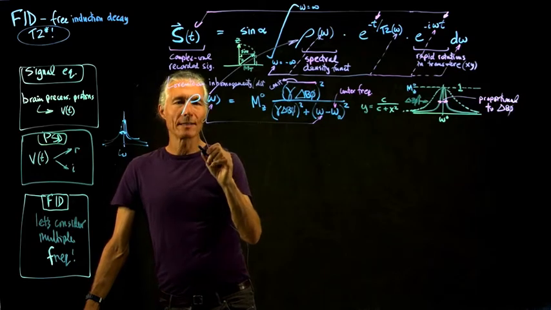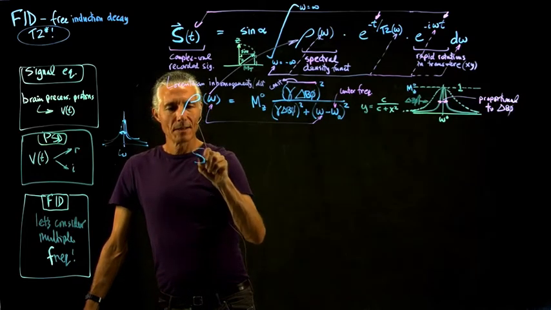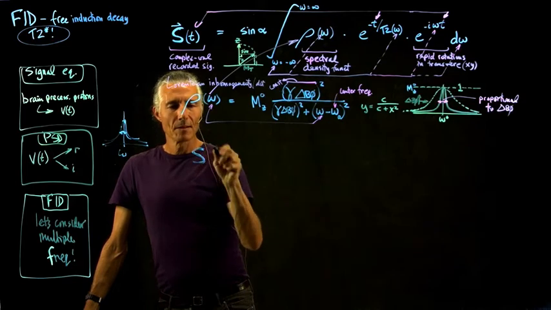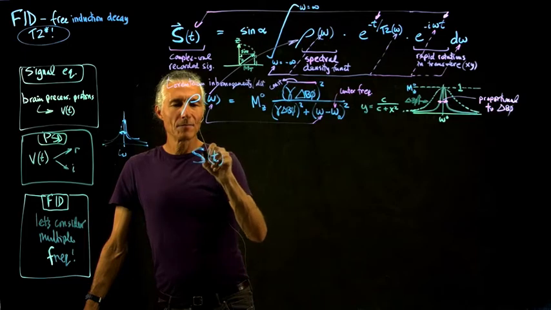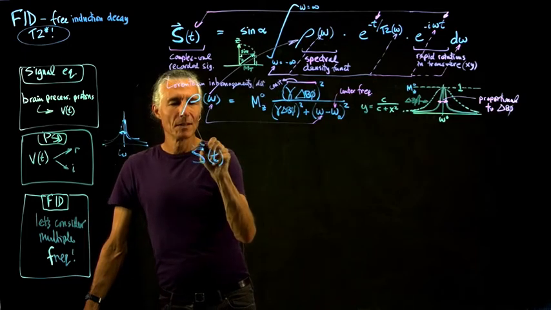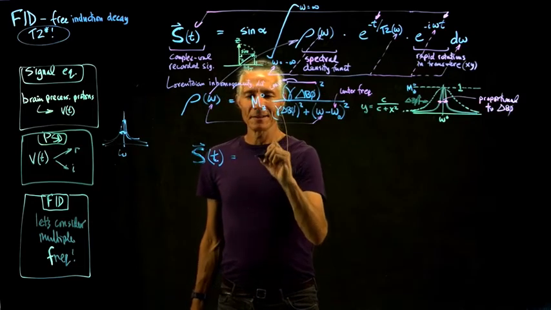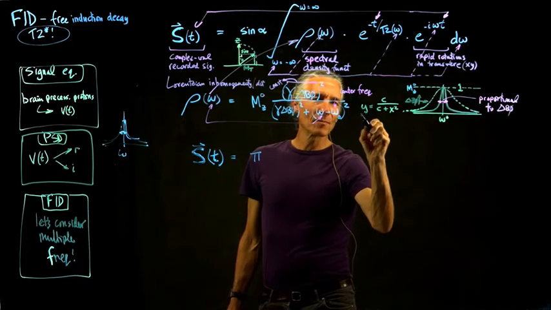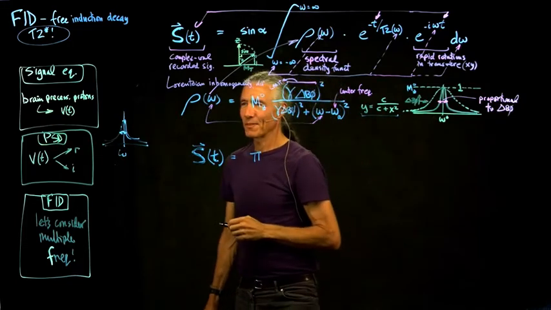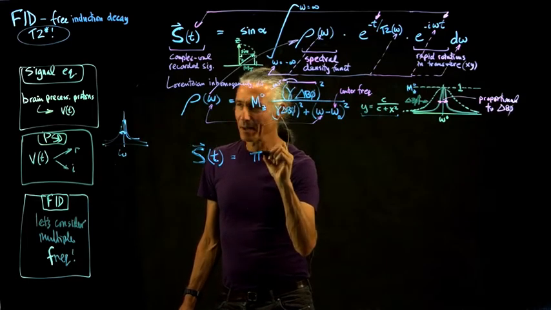I'll draw it twice so that we can consider the effect of T2 star. So here's our signal. So the first thing is pi. So where did pi come from? So pi came from when we integrate something like that. So we'll just leave it at that. You end up getting a pi.